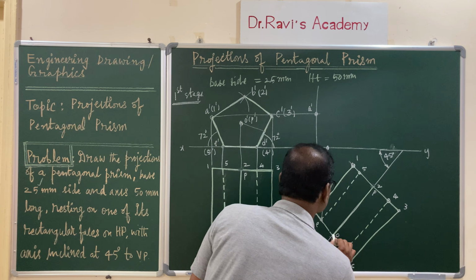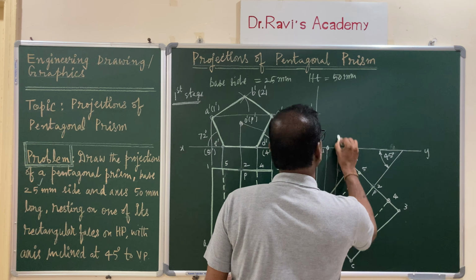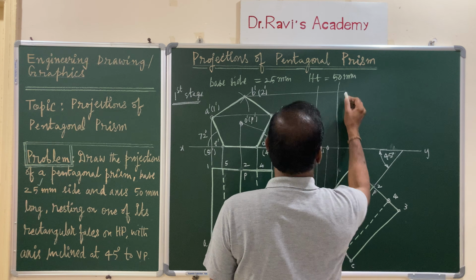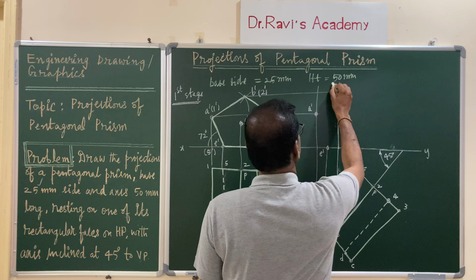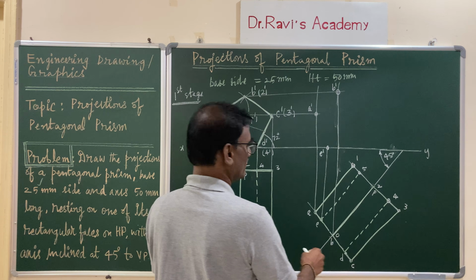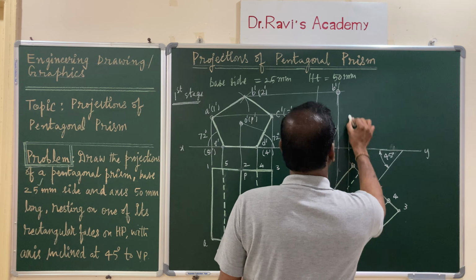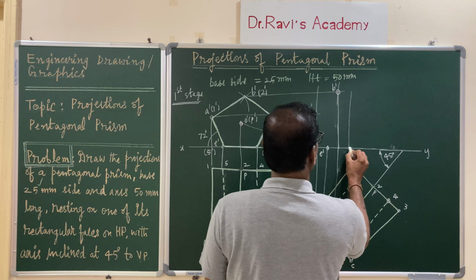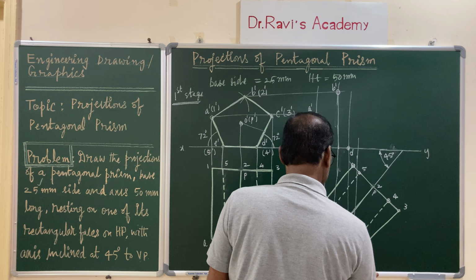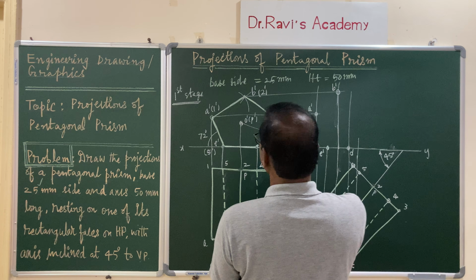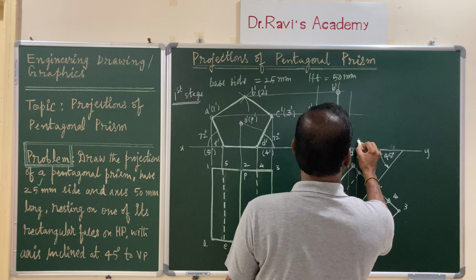And B, so this is B, B prime, and of course D. Here D is bottom only, this is your D, and C, not E, C. So horizontal is this.